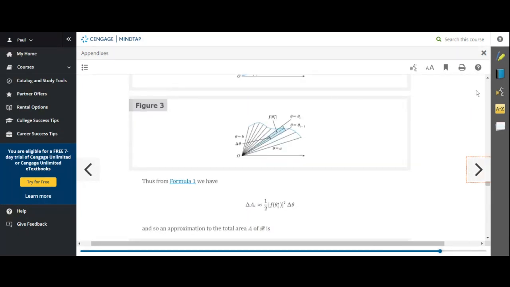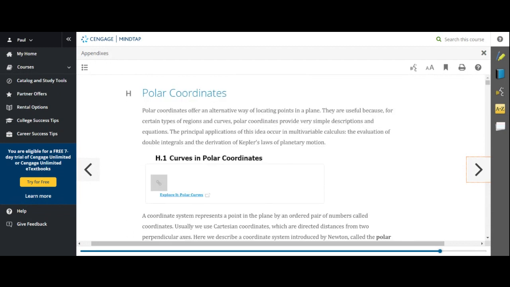So in order to do this kind of problem, you have to treat it just like you did when you learned about integrals with respect to x, and you took your area under the curve and broke up the area into a bunch of rectangles.